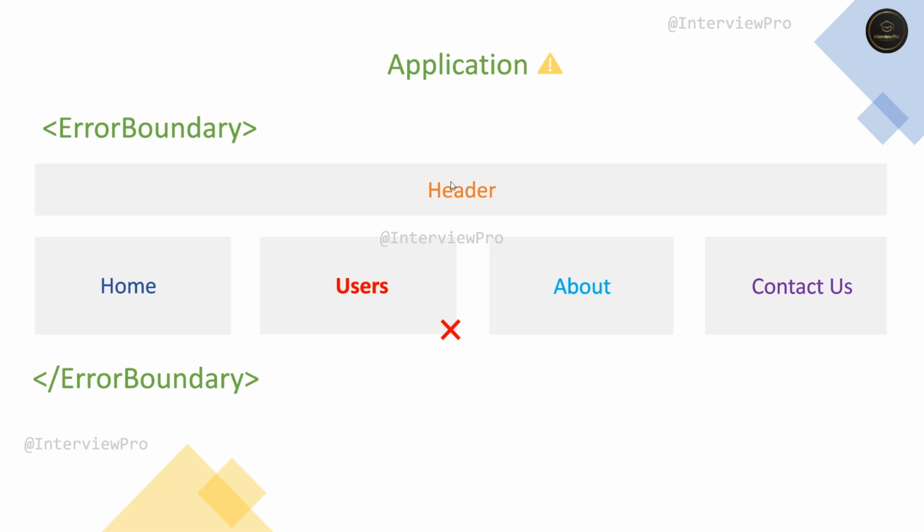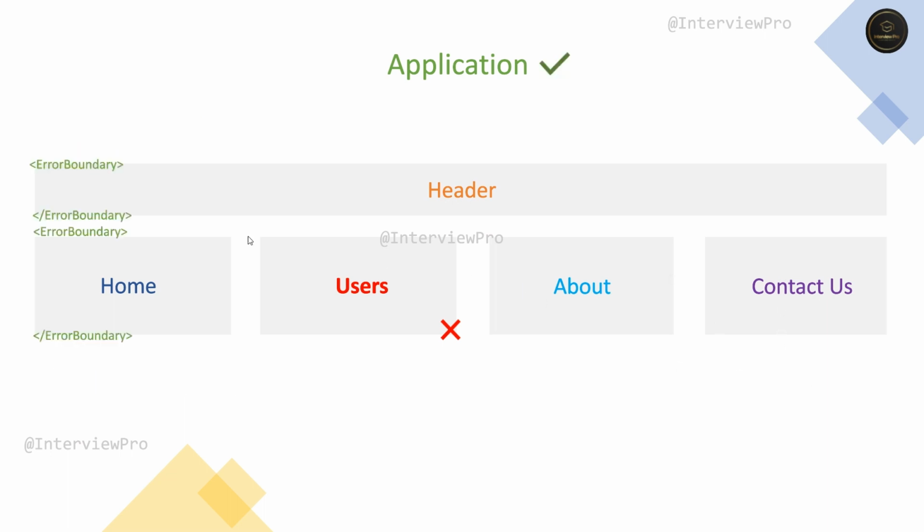So instead of showing a blank page, we displayed a message, something went wrong, but still the user was not able to access header, home, about, and contact us. To solve this issue, we wrapped error boundary around the header component and around the routes to these components. Then we were able to see the header component, home, about, and contact us. Only the users component was displaying the something went wrong message.